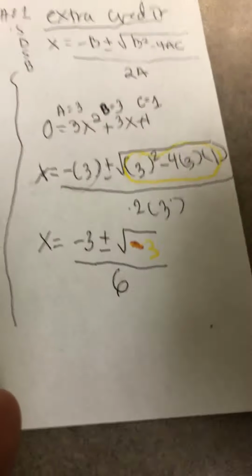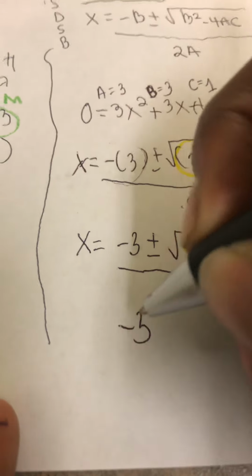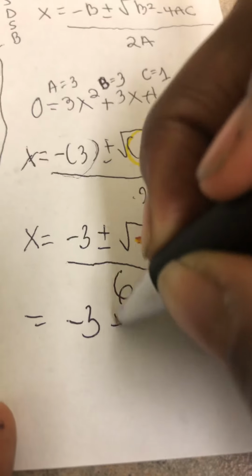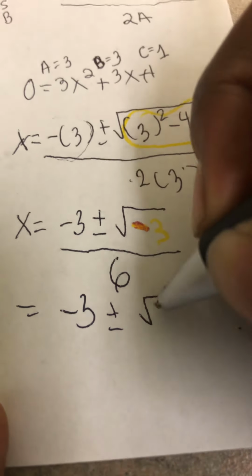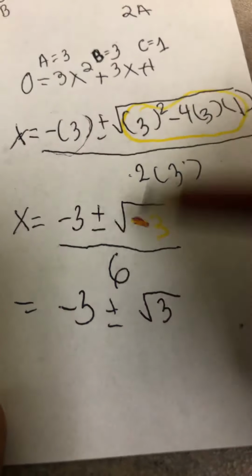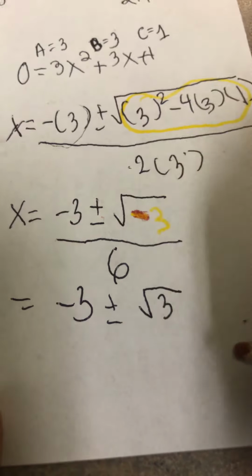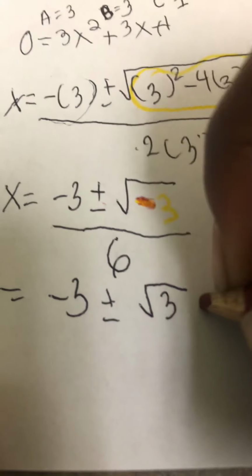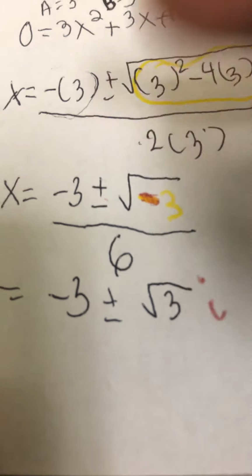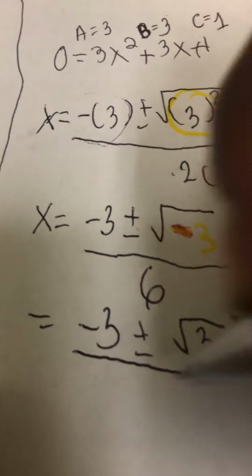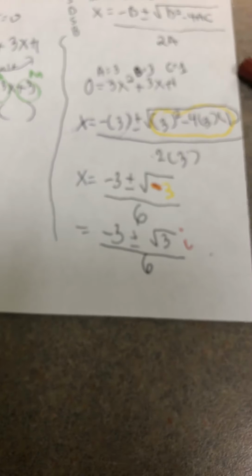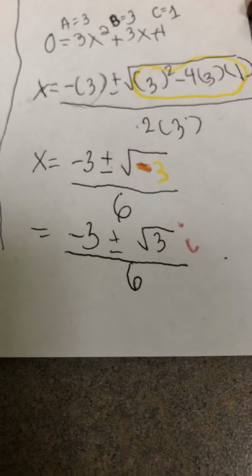So what we're going to do is rewrite this plus or minus, and then we're going to leave the 3 under there. We're going to get rid of this negative and then put an i on the outside of your radical, and then divide this by 6. Okay, so this right here would be the final answer.